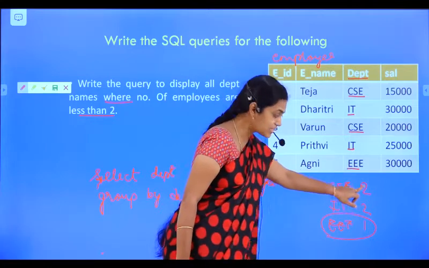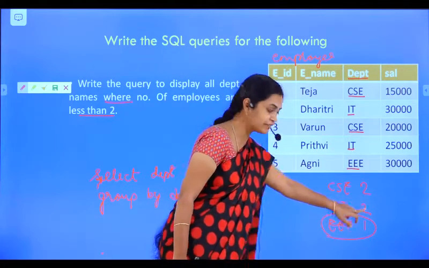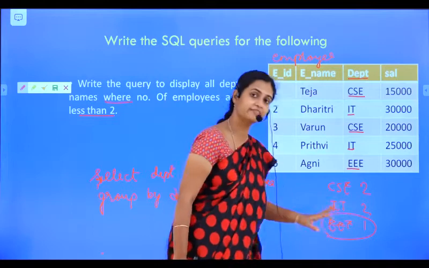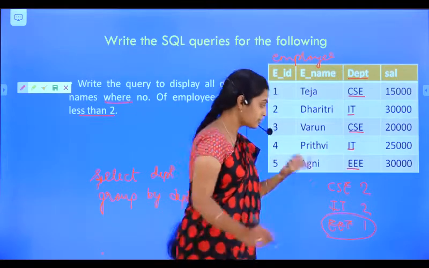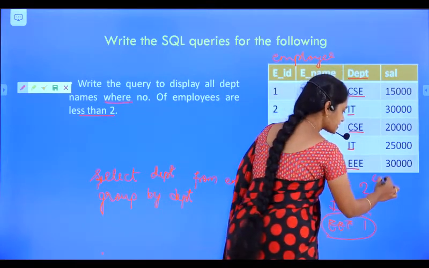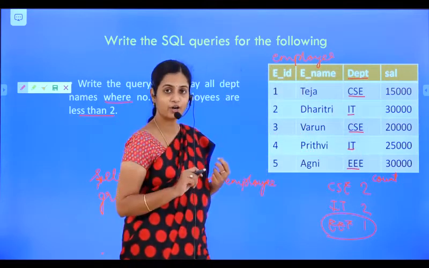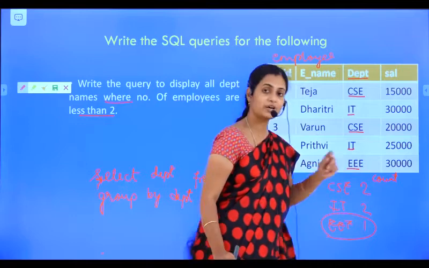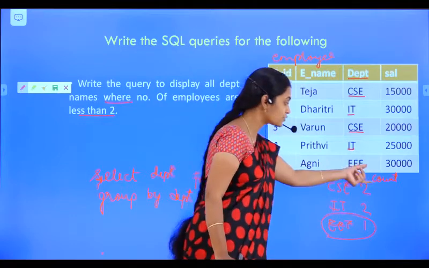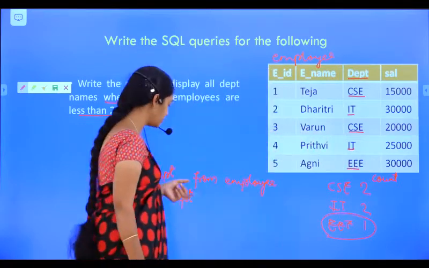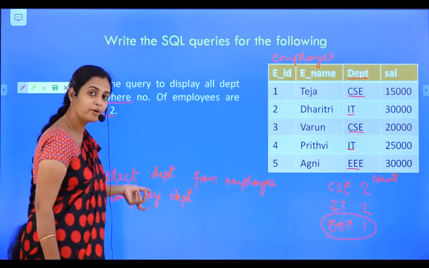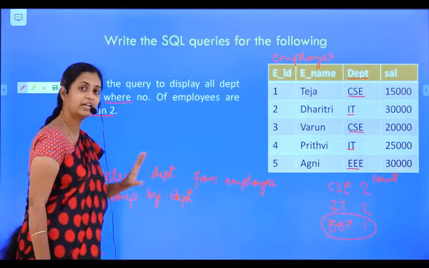CSC has 2 tuples, IT has 2 tuples and EEE has 1 tuple. Here we have a function called count. We have already seen the different aggregate operators, and count is one of them. Using this operator you can find out the number of tuples in the department.